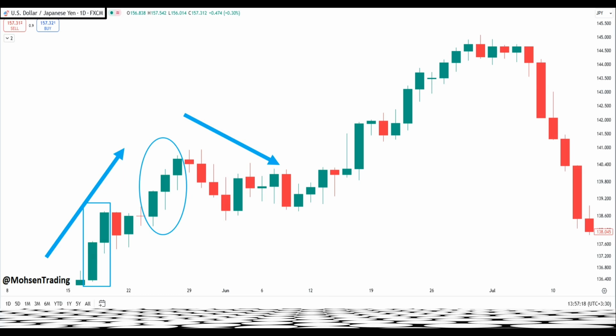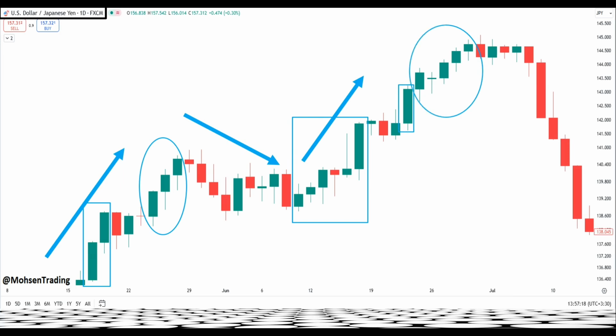As the candles get smaller, it's a signal that a pullback or correction might be approaching. When the candles become larger again, it could suggest that the trend is strengthening, but keep an eye on the smaller candles that follow, as they might signal the end of the trend.